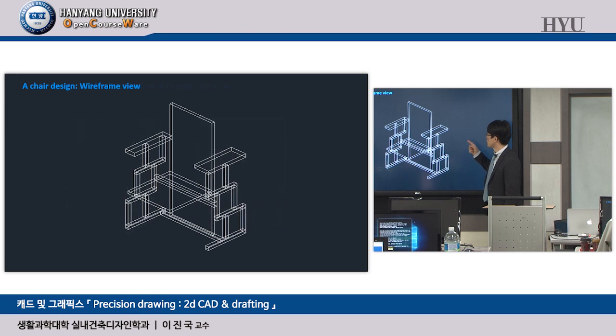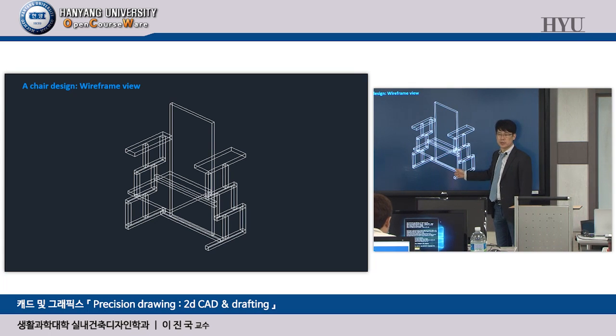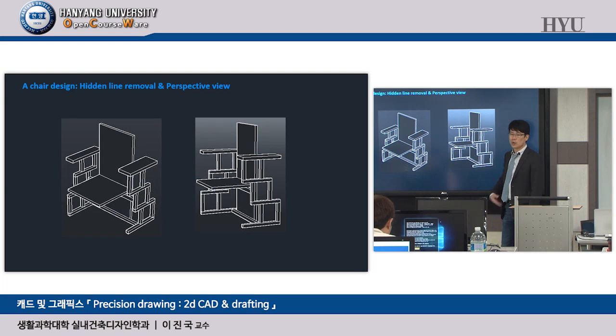So what if you generate this 3D model? This is not a 3D drawing, okay? If you draw in 3D, that's it. It's a finalized drawing. But if you have a 3D model, you can extract front view, top view, left view, right view, even section cut, okay?